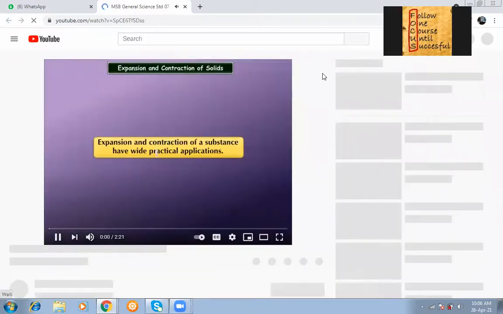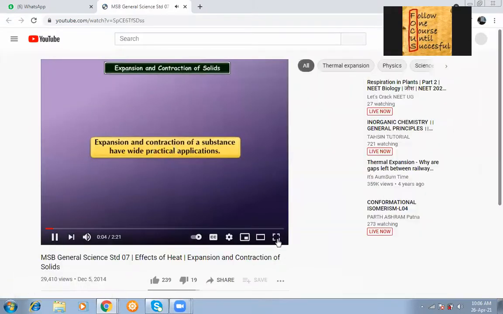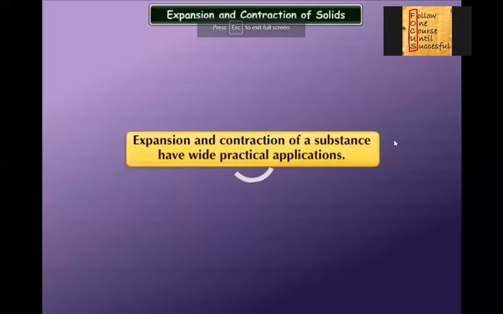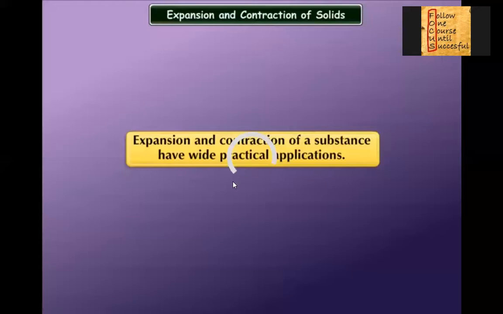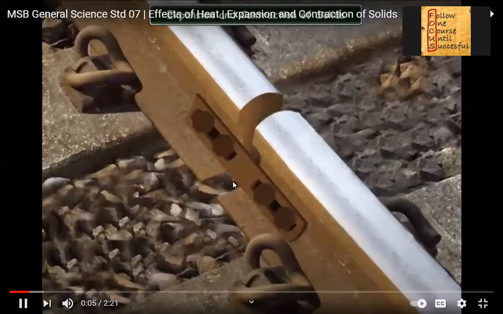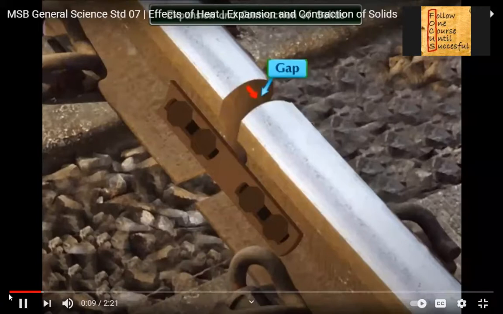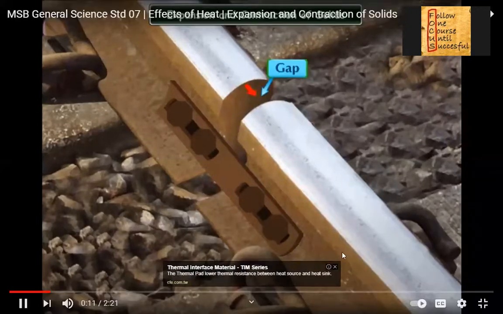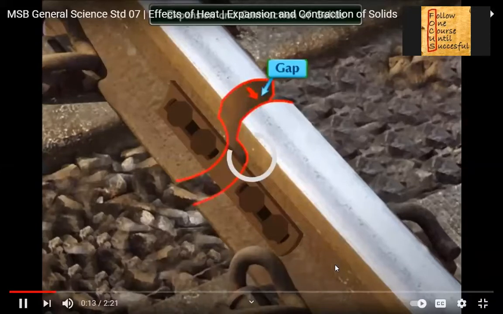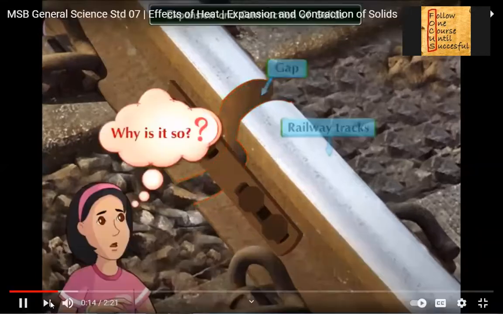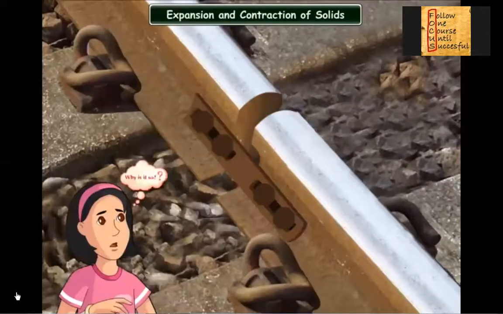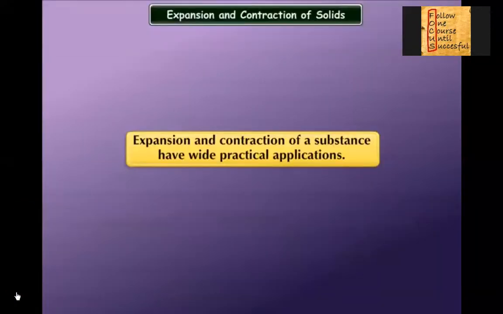Expansion and contraction of a substance has wide practical applications. All of you must have seen that there is a gap left between the joints of railway tracks. Why is it so? In summer, contraction of a substance has wide practical applications.